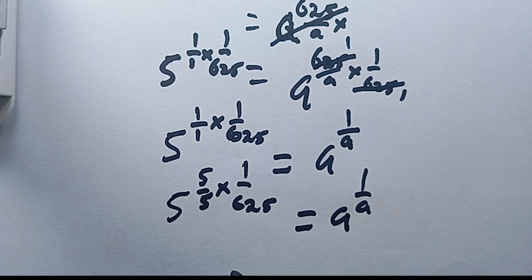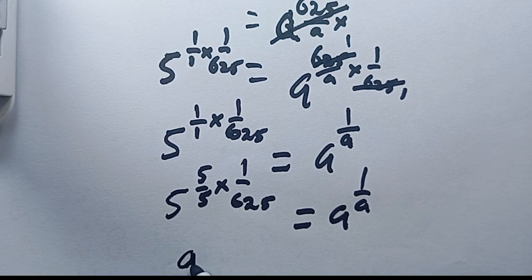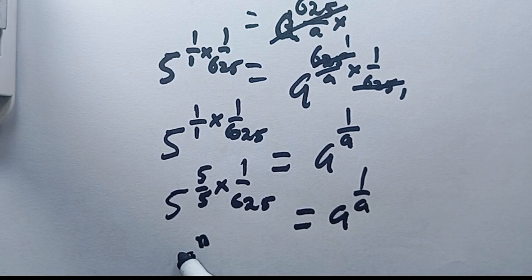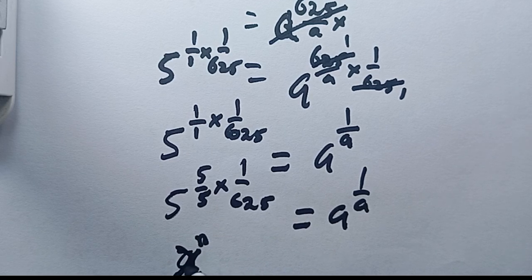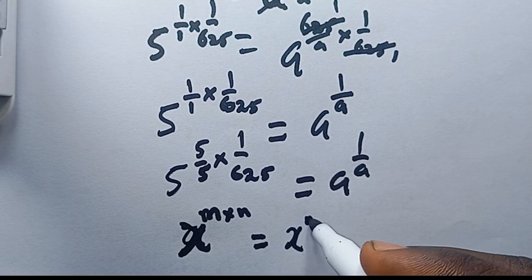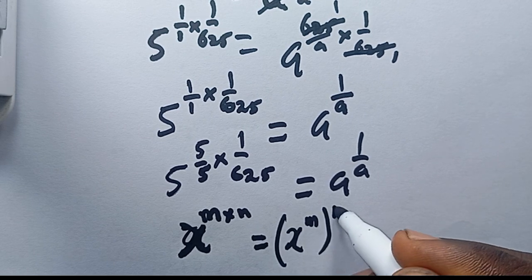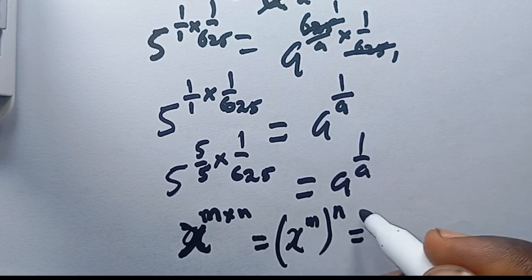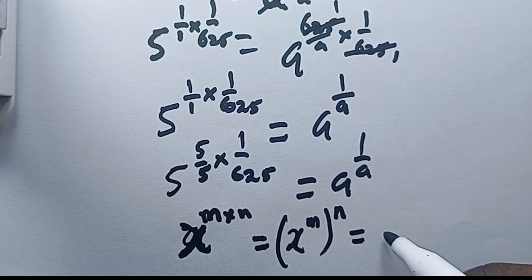Now I'm going to be using a beautiful tool from indices, which says that when you have, let me use x, if you have x power m multiplied by n, you can expand this as x power m and then multiply by n, or you can also interchange these multipliers.